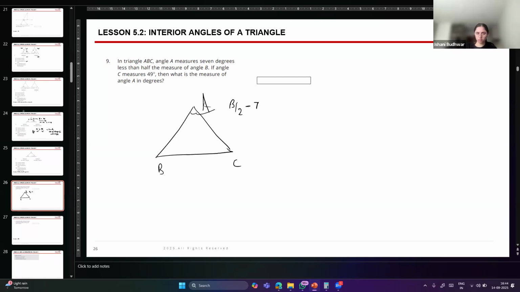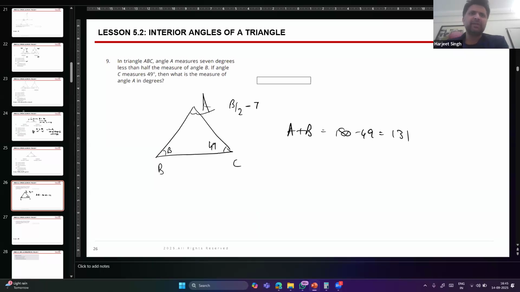And angle C measures 49. Then what is the measure of A? So now we know A in terms of B, and we know C. So can we say what is A plus B equal to? 180 minus 49, 131.